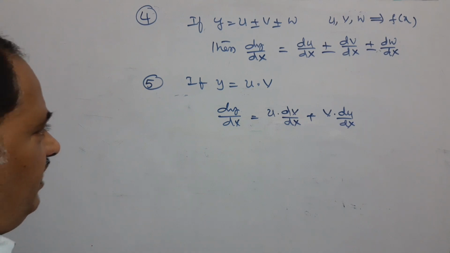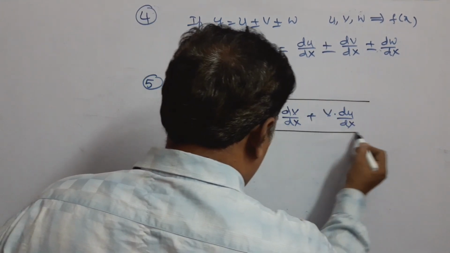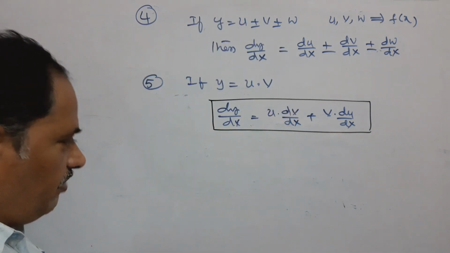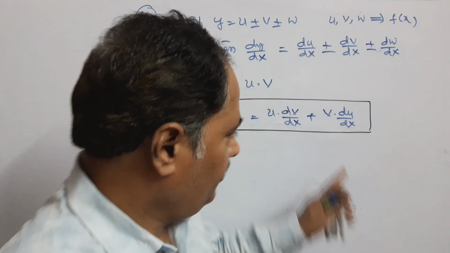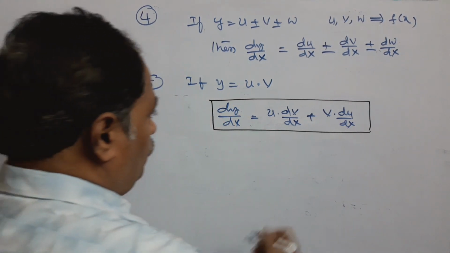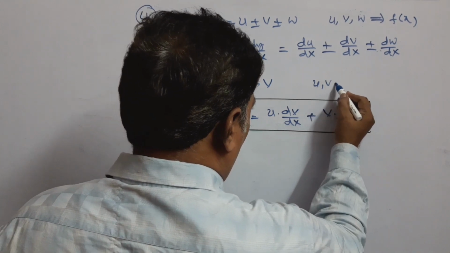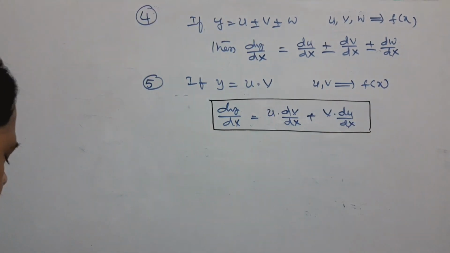So if y is u into v, you can use the formula u into dv by dx plus v into du by dx. Here positive sign only, as u and v are both functions of x.